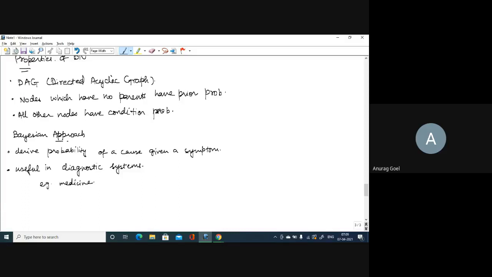And they use inverse or posteriori probability, that is, the inverse conditional probability of an earlier event, given that a later one has occurred.